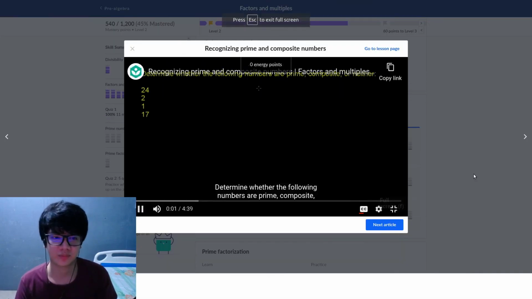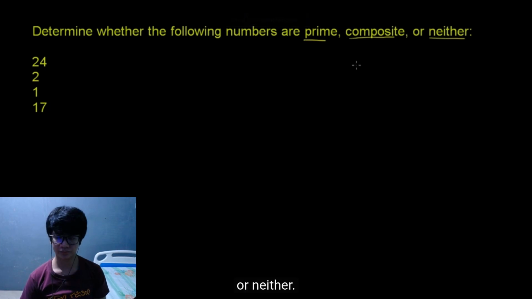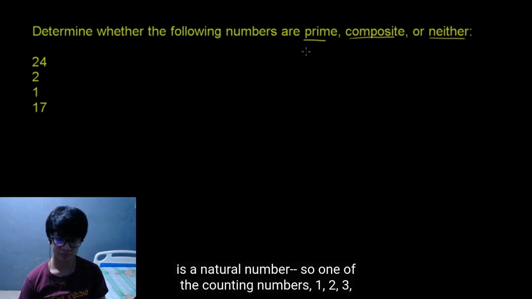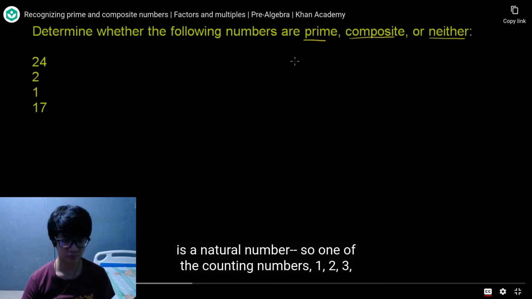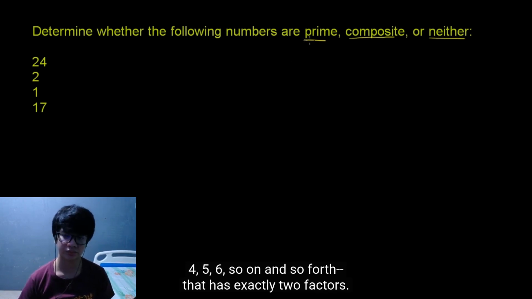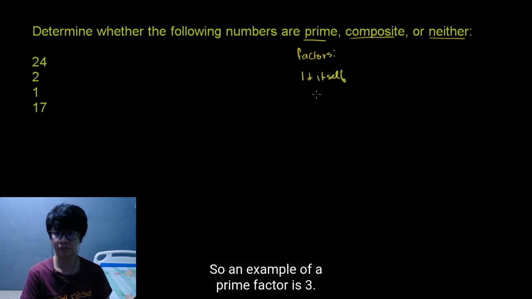Determine whether the following numbers are prime, composite, or neither. Just as a bit of review, a prime number is a natural number, so one of the counting numbers 1, 2, 3, 4, 5, 6, and so on, that has exactly 2 factors. Its factors are 1 and itself. An example of a prime number is 3.